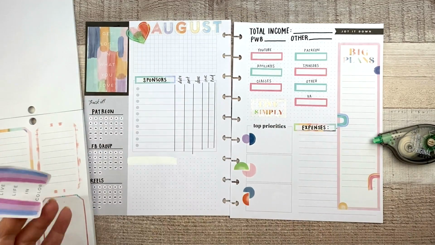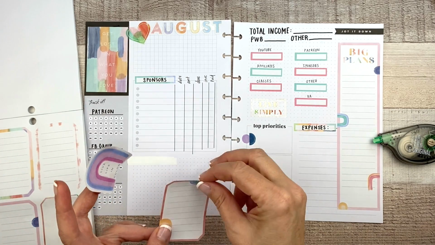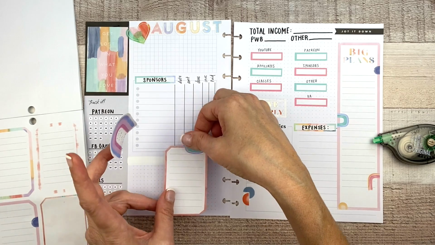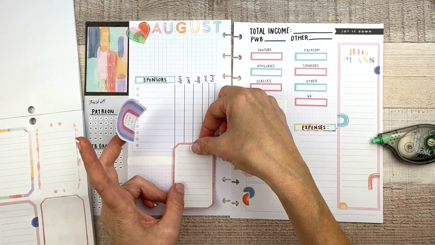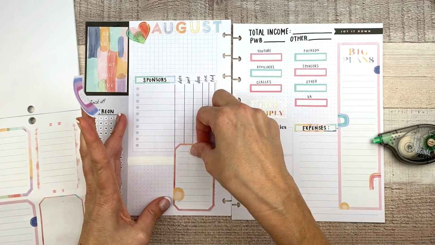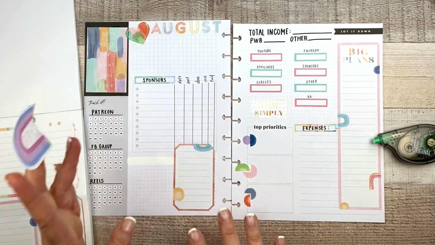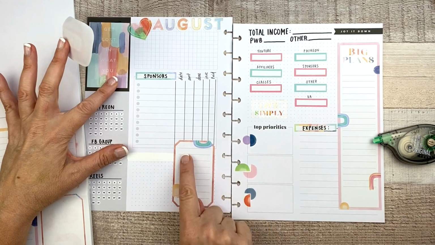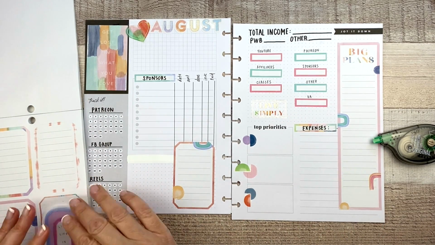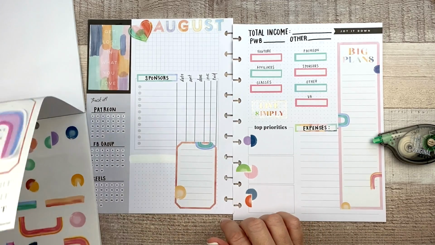I also could bring in some washi tape to separate areas too. Maybe I put this here. I think I'm going to put it here and cover this area here. Okay, so that is for whatever I need it for, like just a list of important things or whatever. And then I'm going to put one of those boxes there.